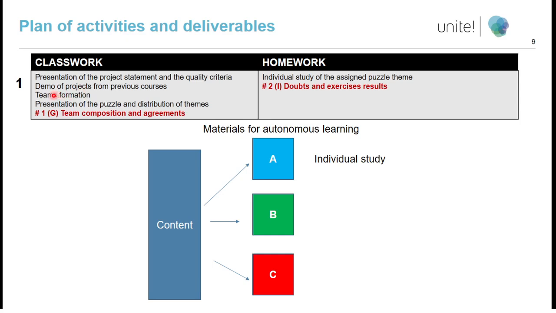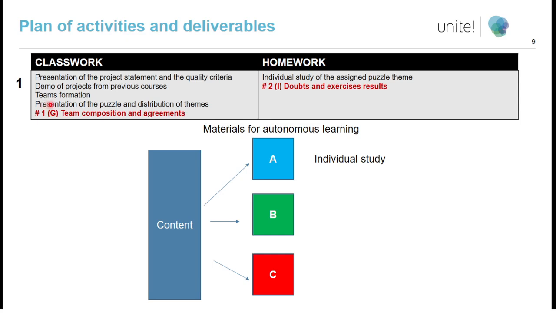Then it's time for team formation. We will discuss later different criteria for team formation. We will assume now that we form teams of 3 members. Maybe you will have to form 1 or 2 teams of 4 members. Then we present the starting activity for the project, that is a puzzle jigsaw.